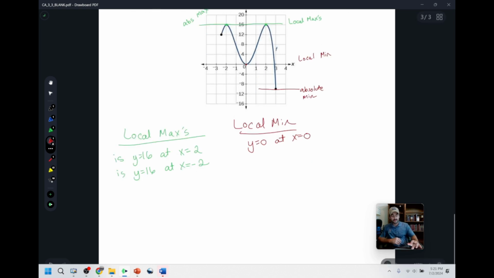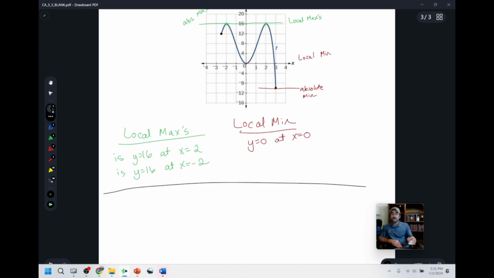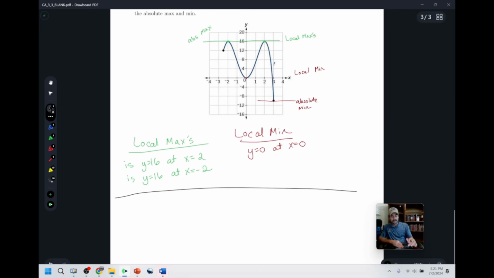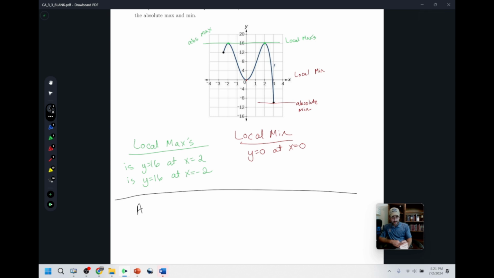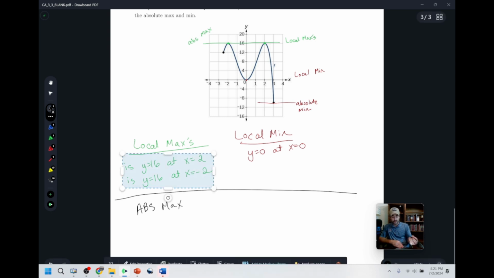And then we check for absolutes. This is a completely different calculation, but we're using those maxes and comparing them with the two endpoints, the farthest left endpoint and the farthest right endpoint, or perhaps an asymptote or some weird feature that might go over or under that local min or local max. And so we've got an absolute max. It's exactly the same. The absolute max is not going to be any different because there's no spot on the graph that goes above those two local maxes.